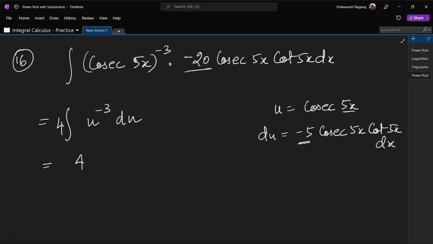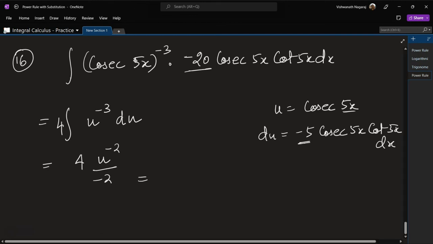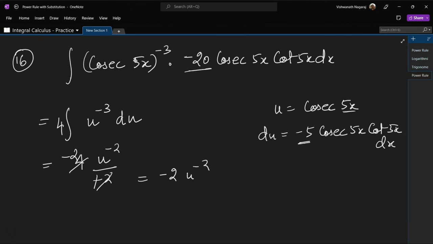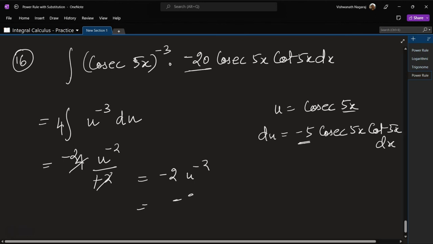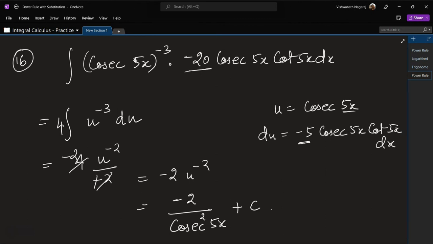If we integrate it, we get u to the power of minus 2 by minus 2, which becomes minus 2 u to the power of minus 2. Let's bring it down and do the substitution. So cosec 5x, squared, so cosec square 5x plus c.